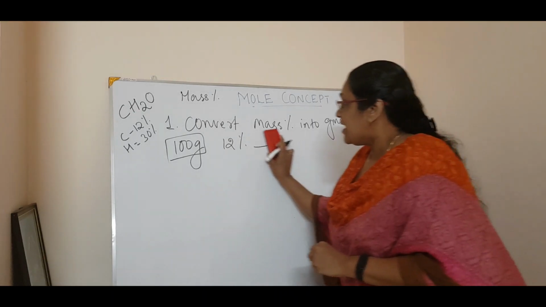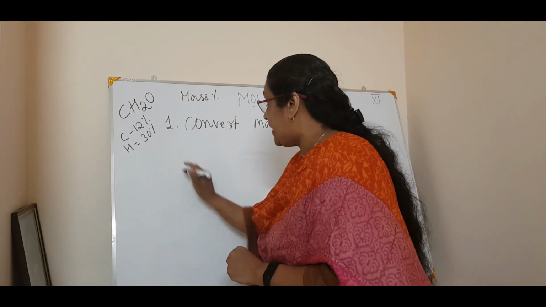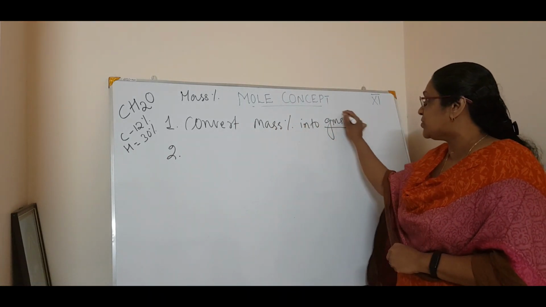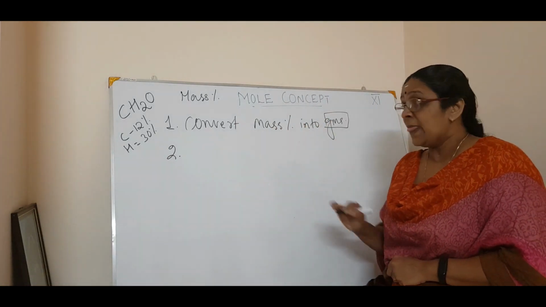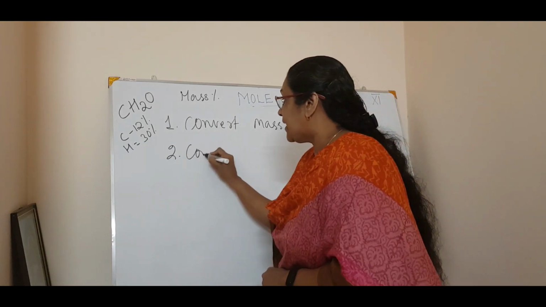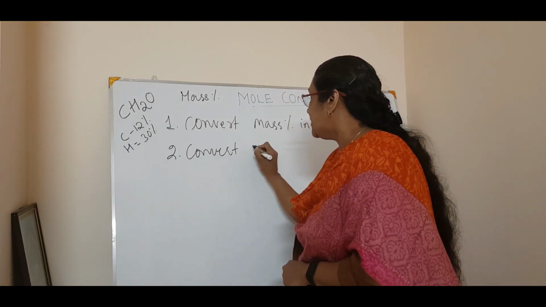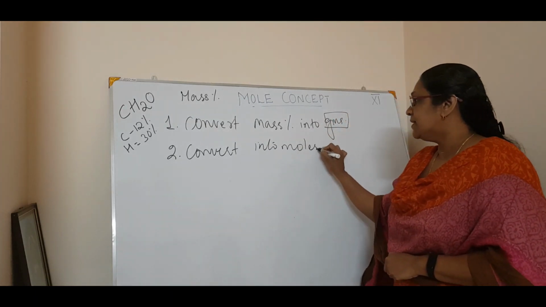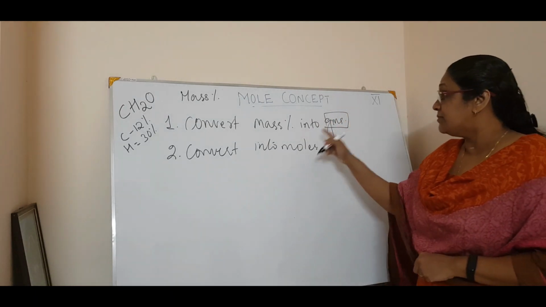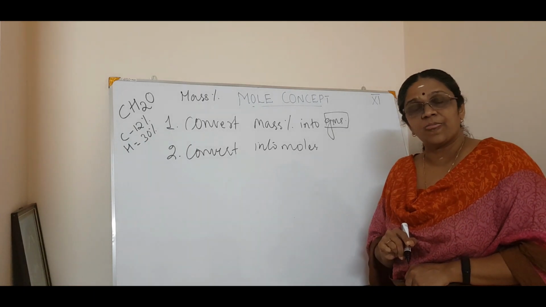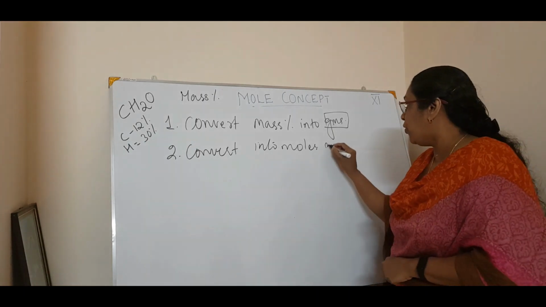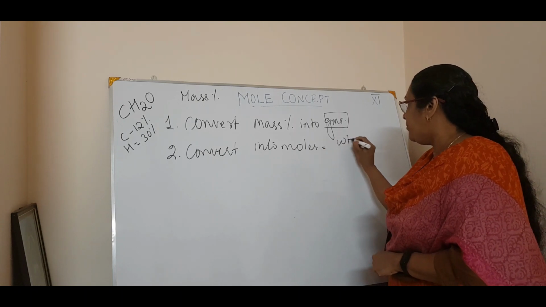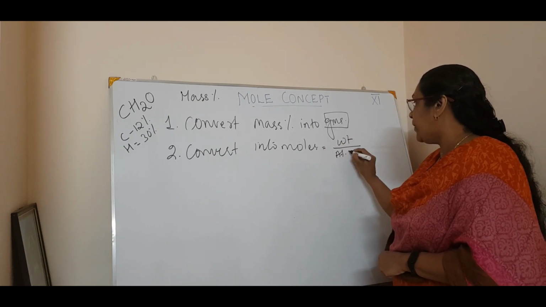Clear? Okay. Now the second conversion is very, very important. First you convert the mass percent into gram. So you got the gram. Second, convert the grams into moles. How will you convert into moles? You know n is equal to weight by atomic weight.